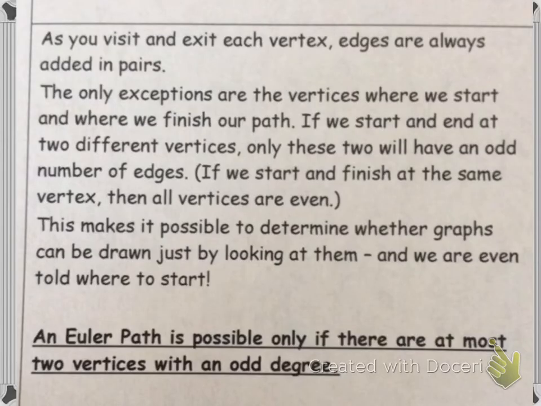He says, as you visit and exit each vertex, edges are always added in pairs. The only exceptions are the vertices where we start and where we finish our path. If we start and end at 2 different vertices, only these 2 will have an odd number of edges.